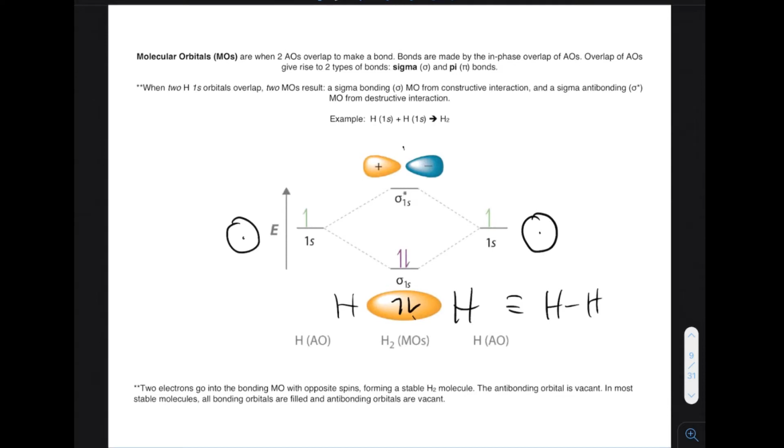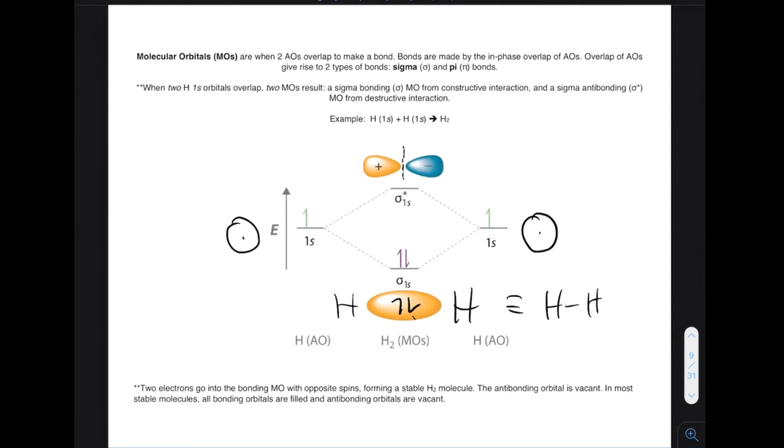You can see here that from the destructive interaction, they don't overlap. There's a node between the positive and negative phases, and that is an indication there's no electron to be found there. This vacant antibonding orbital does not play a role for neutral hydrogen gas.